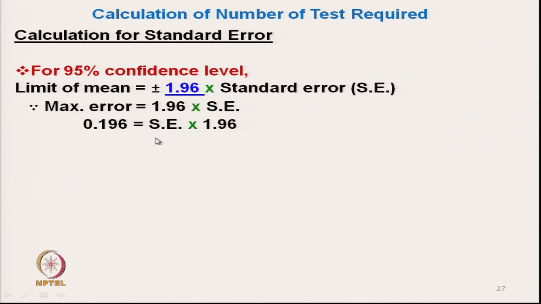And so, we can calculate the standard error of the mean. From here we calculate the standard error of the mean. What is this value? Standard error is 0.1. So, we have calculated the standard error. Now, our target is to calculate the number of samples tested. So, what have we done? We have calculated the standard error, knowing the maximum error limit, and the 1.96 came from the confidence level.